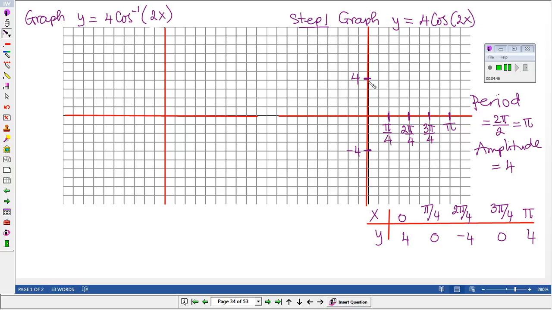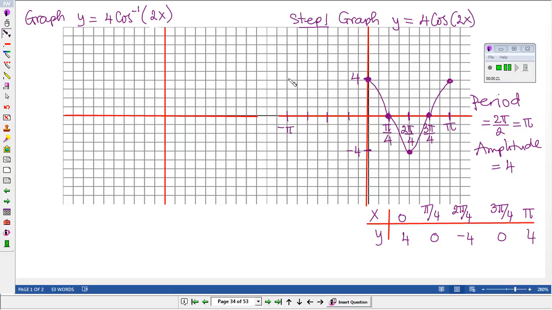So I'm going to start to plot the points now. 4, 0, negative 4, 0, and 4. So now you connect the 5 points. And you're left with a V. And of course you can repeat the same pattern of the 5 y values on the left hand side to graph your second period.